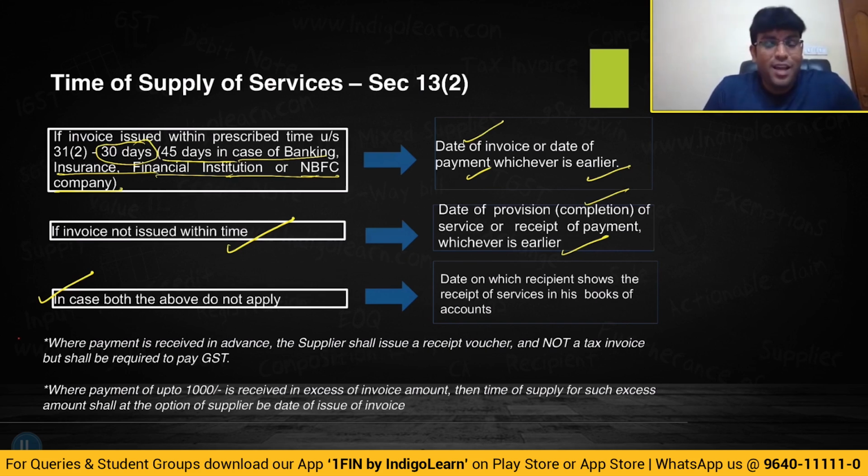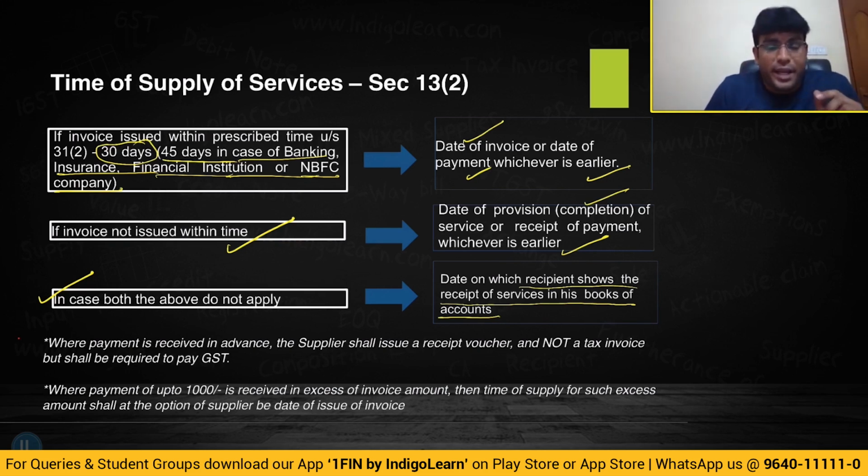The first case is where invoice is given within time. The second case is where invoice is not given within time. The third case can be where invoice is not given at all. In that case, what will happen? The date on which the recipient shows receipt of services in his books of account becomes the time of supply.